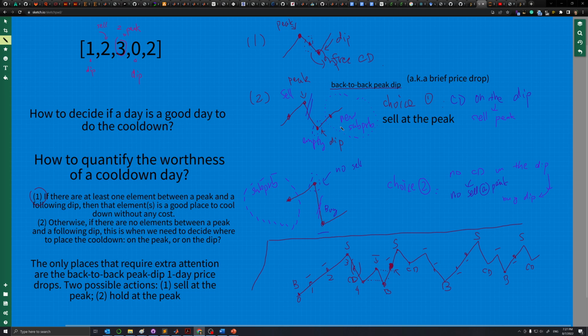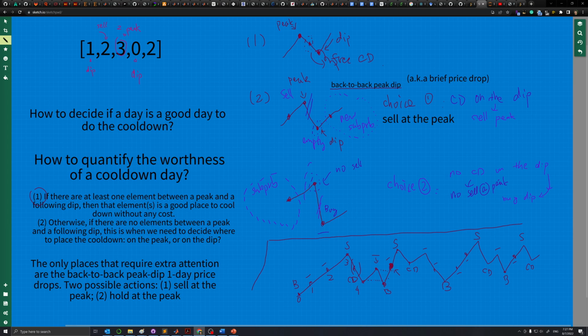So how can we force this to look like the original classical problem? Because we know that we will definitely buy at the first dip in the classical stock problem two.